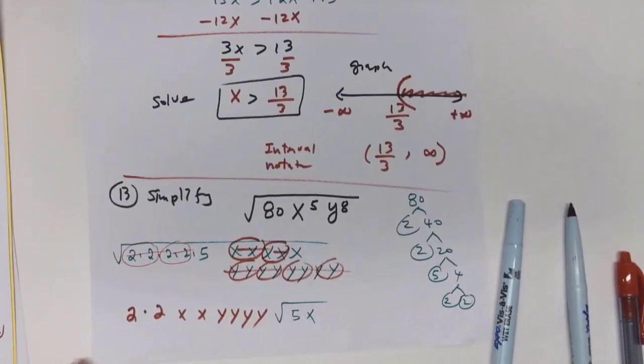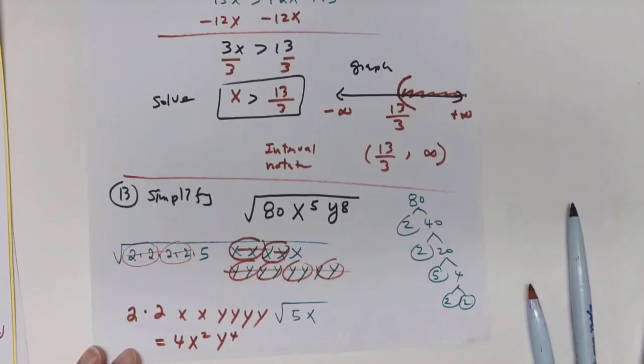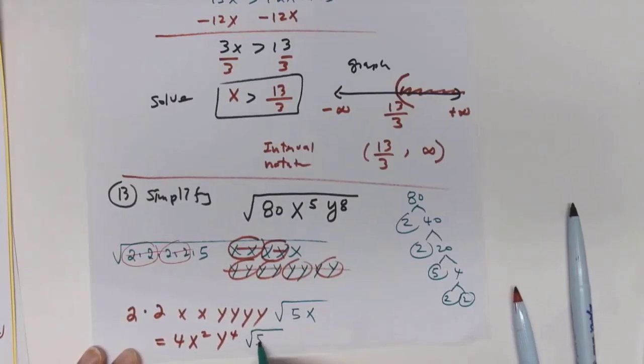So multiplying outside will give me 4 x squared y to the 4th, and then square root of 5x. Okay, look at that again, see if that makes sense.